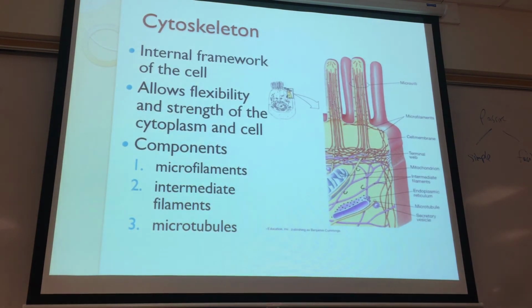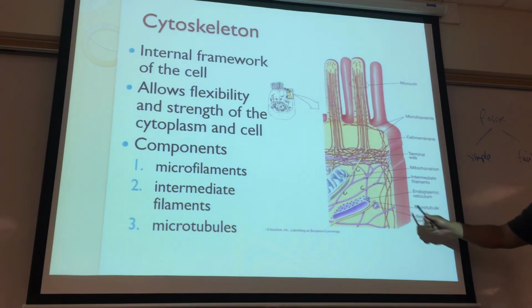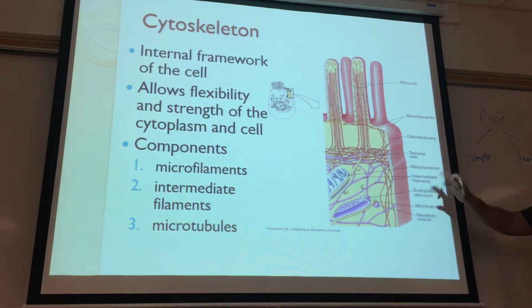Microtubules allow for movement of the cell. You'll see microtubules around there, these big structures that are going to be involved in the cell division, which we'll talk a little bit about in a later slide.